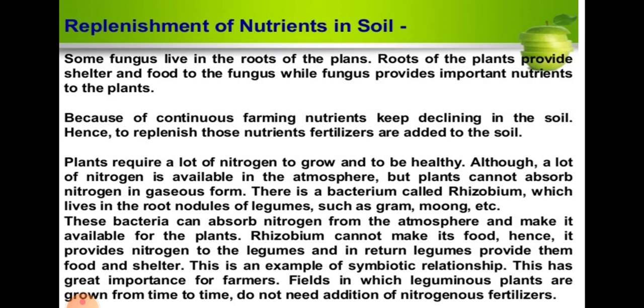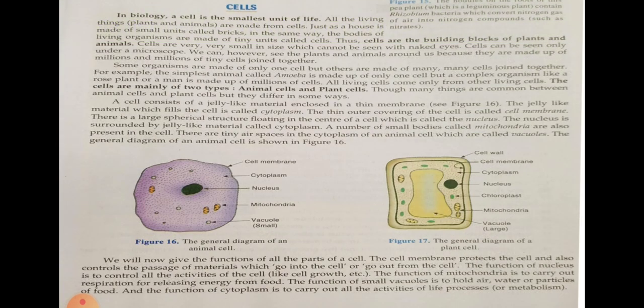One small topic is there: cell. What is a cell? A cell is the smallest unit of life. All living things, plants and animals, are made of cells.